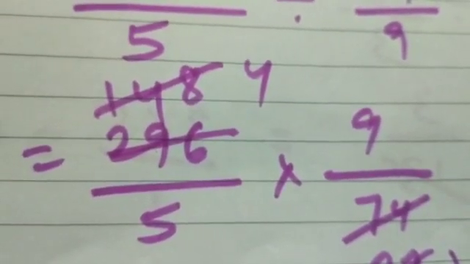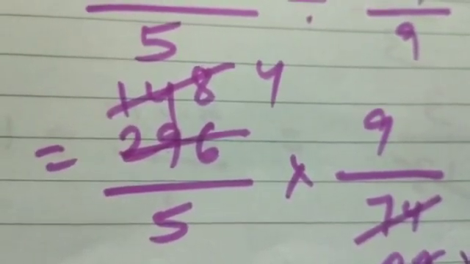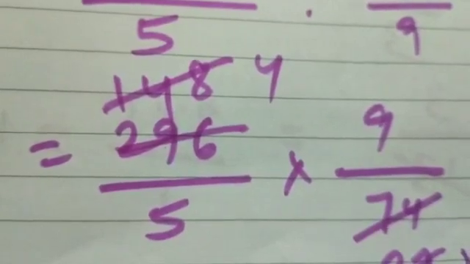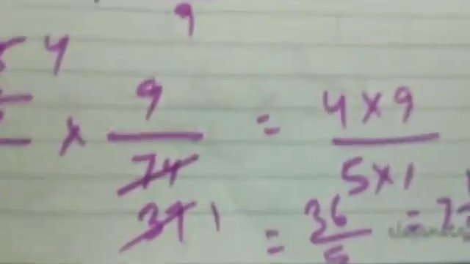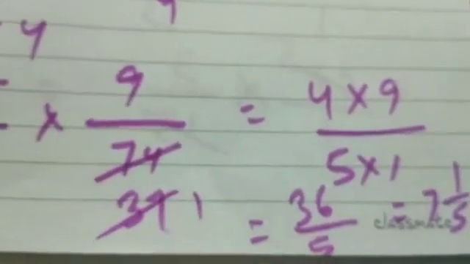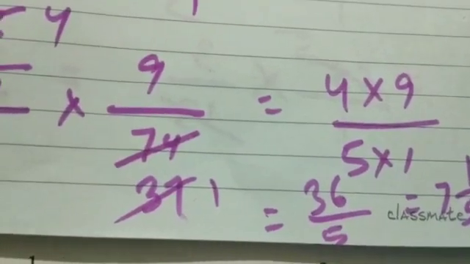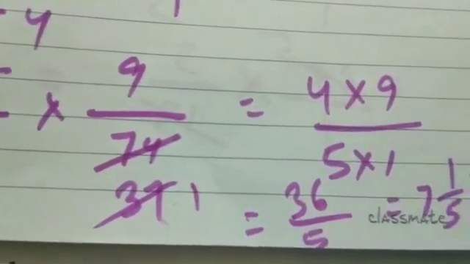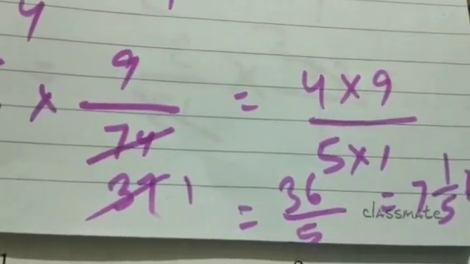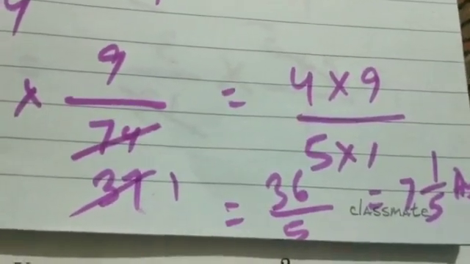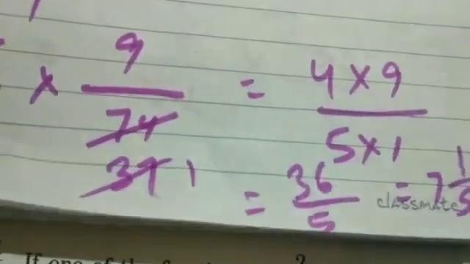Again we are cutting 2 and 8. So what we are getting? 4 into 9 by 5 into 1. Reducing it, 4 9s are 36/5. This is an improper fraction, so we change it into a mixed fraction, and the answer is 7 1/5.